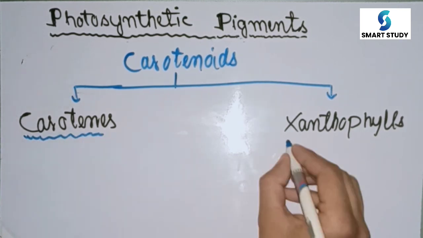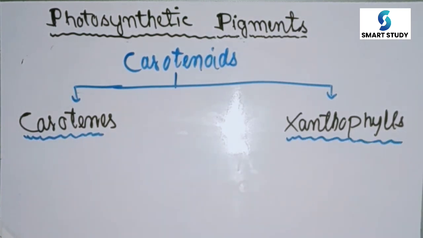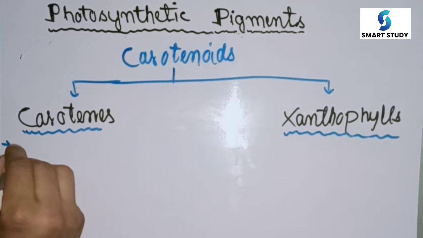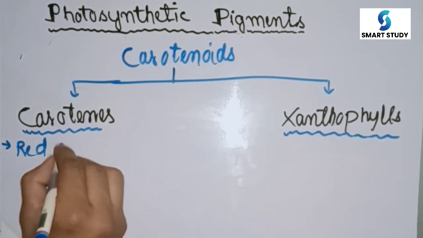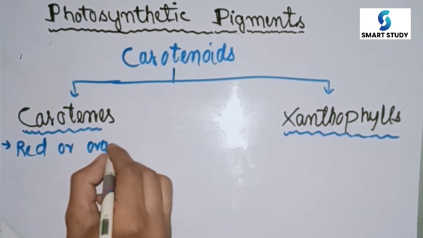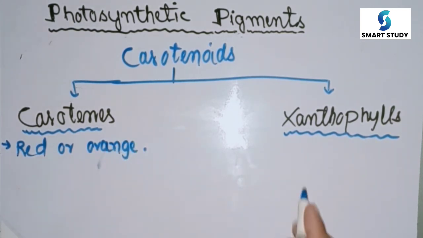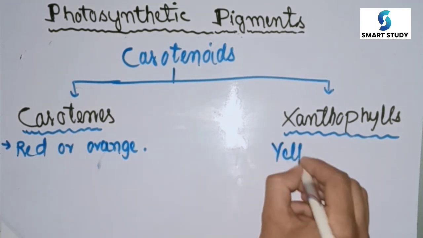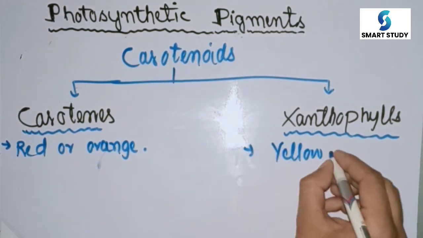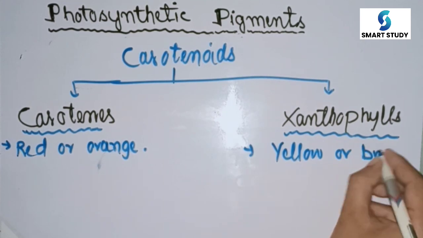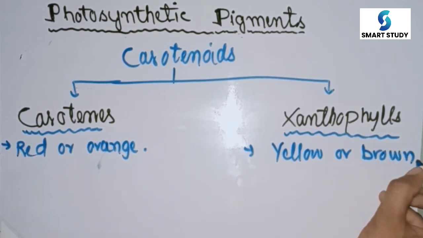Carotenes are red or orange color pigments, whereas xanthophylls are yellow or brown pigments.